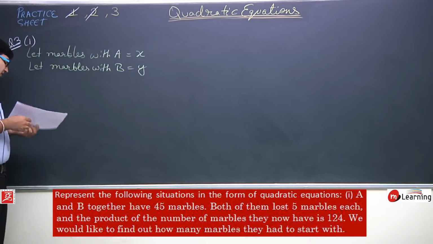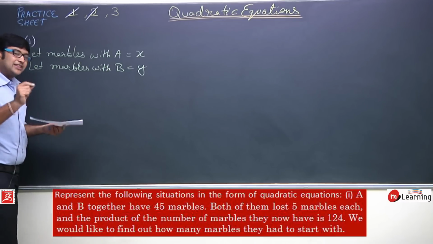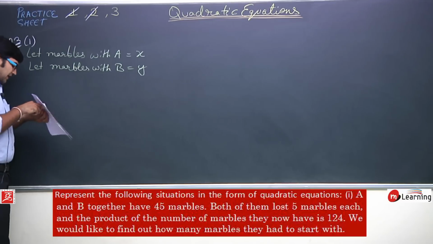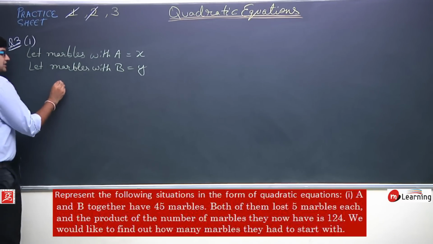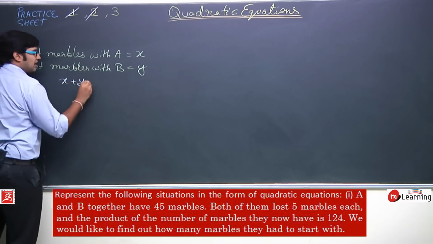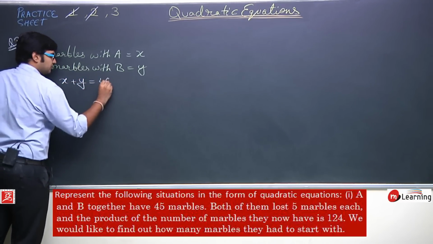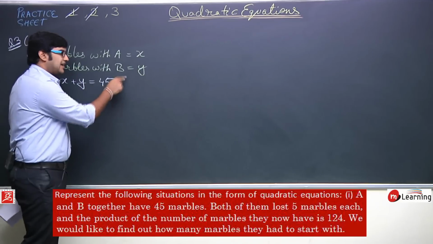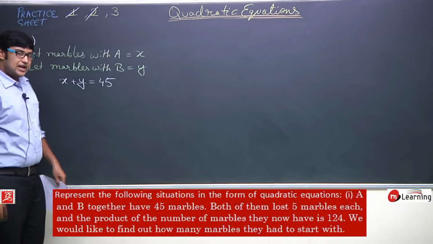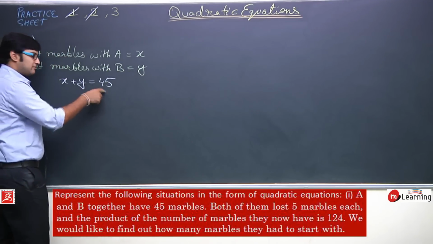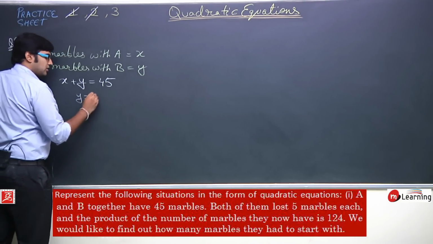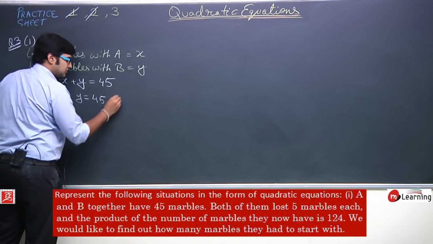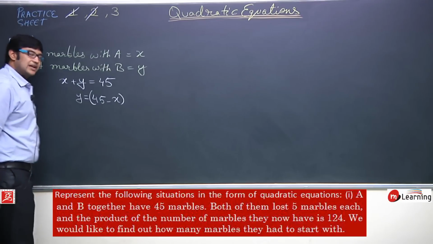Now, based on the given condition that A and B together have 45 marbles, I can write A plus B, that is x plus y is equal to 45. If x plus y is equal to 45, then y is equal to 45 minus x.